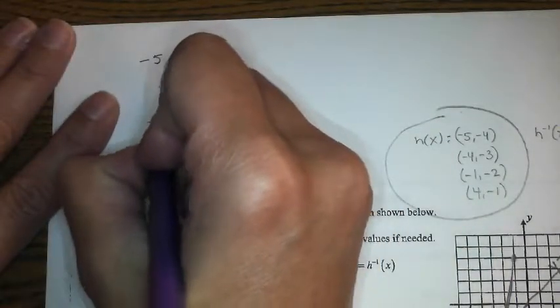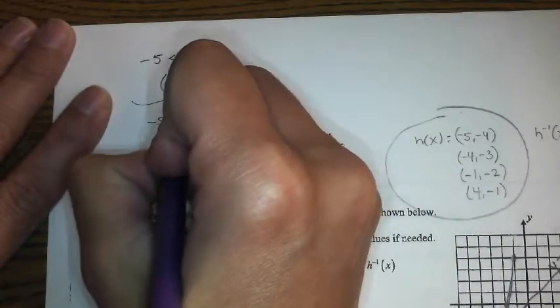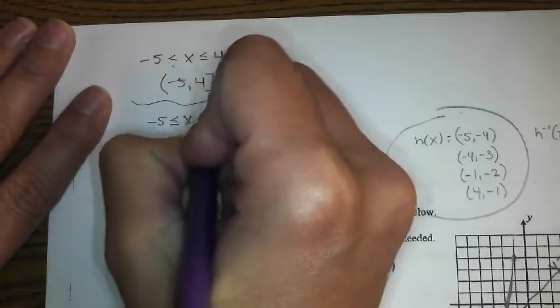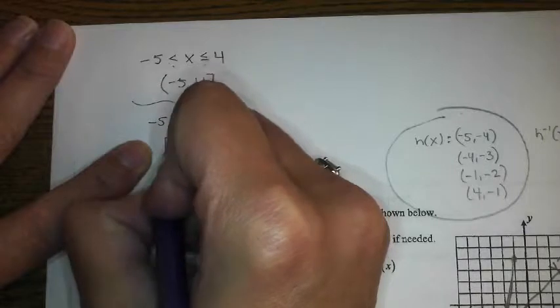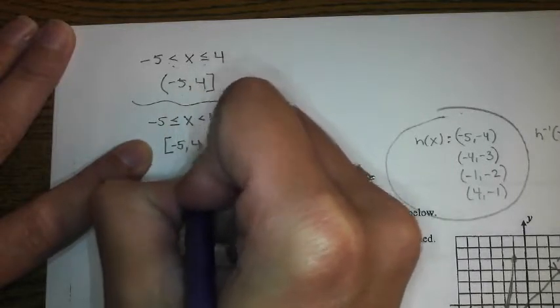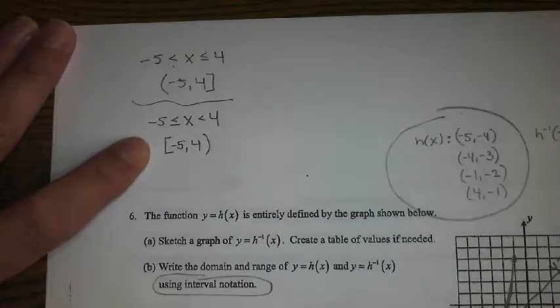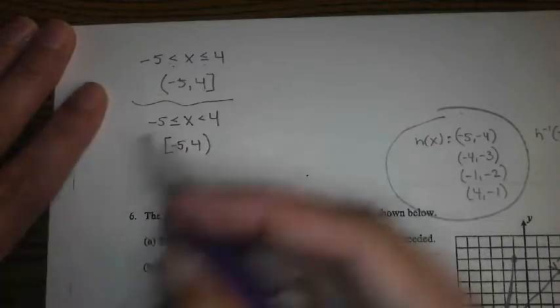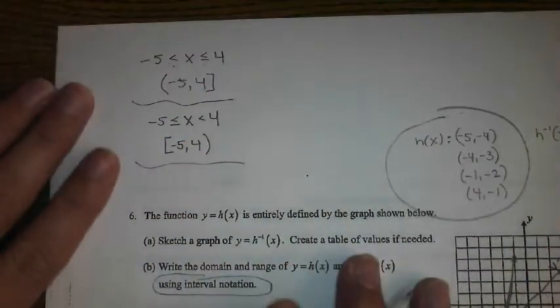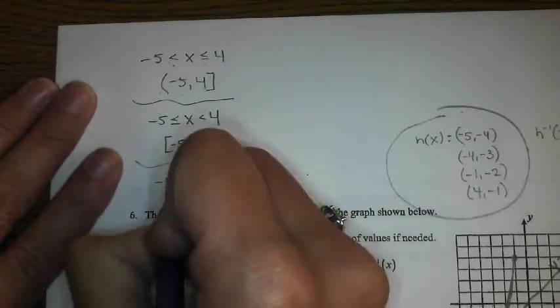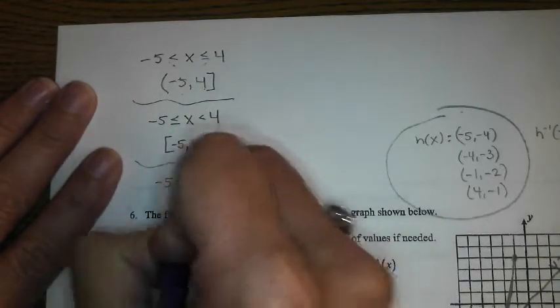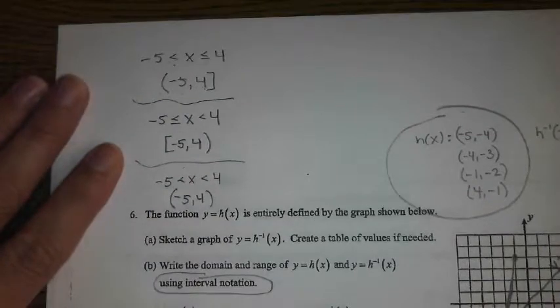If I did -5 to 4 this way, that would be inclusive of -5, and it would not be inclusive of 4. And lastly, and this can be tricky, and I'll explain more in a second, -5 and 4 both with parentheses.